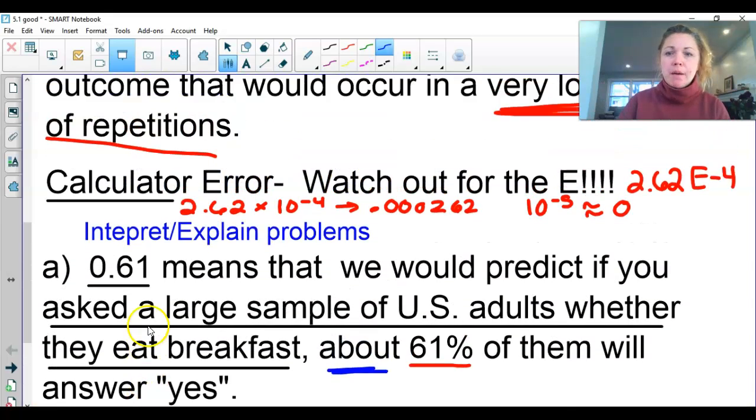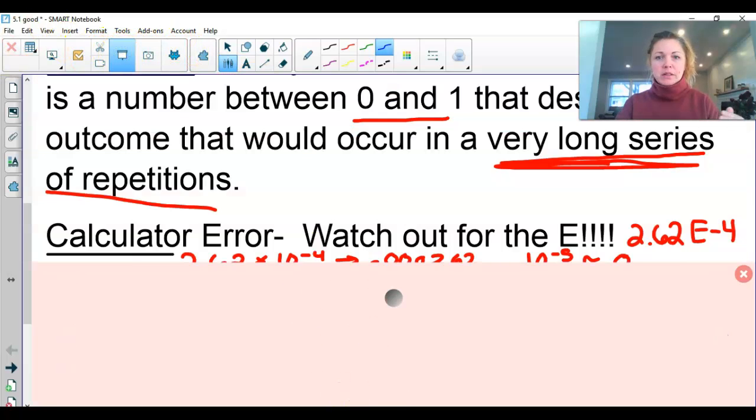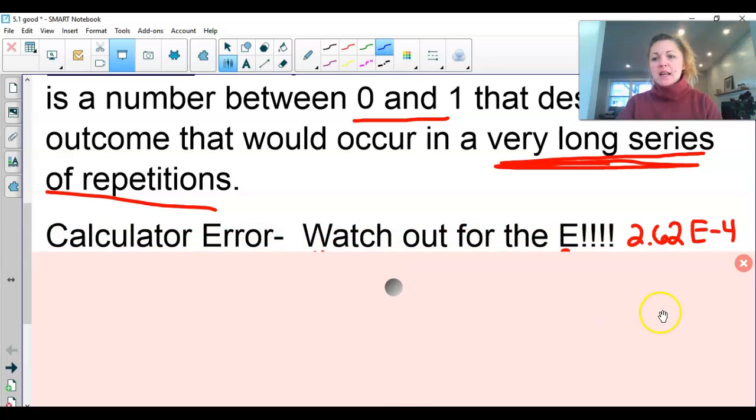Okay, last thing I want to talk about, you're going to be doing a lot of calculation, and I want to throw this out there before we move on. When we are calculating probability, sometimes you're punching in numbers and going fast and you get this answer here, 2.62 E negative 4. It will actually look like something like 2.62 and a lot of digits, E negative 4. Please, please, please watch out for this. What happens is I get people who think really quick and go really fast, and then they write down the answer as 2.62. The issue is, remember, when we're calculating probability, it has to be between 0 and 1.